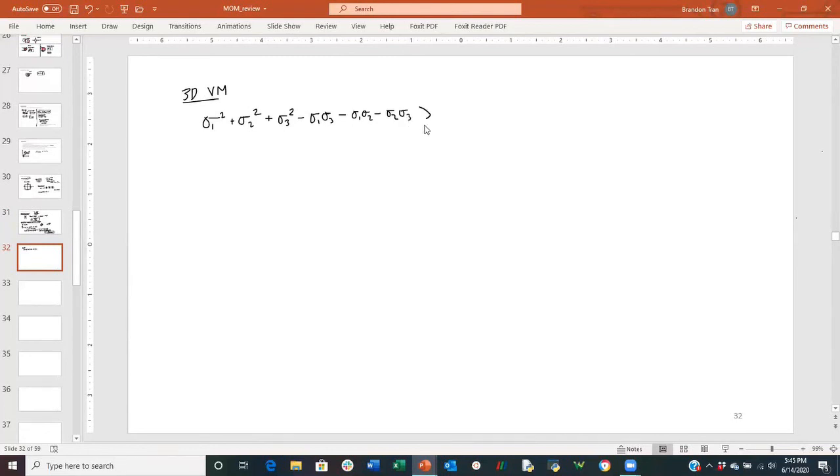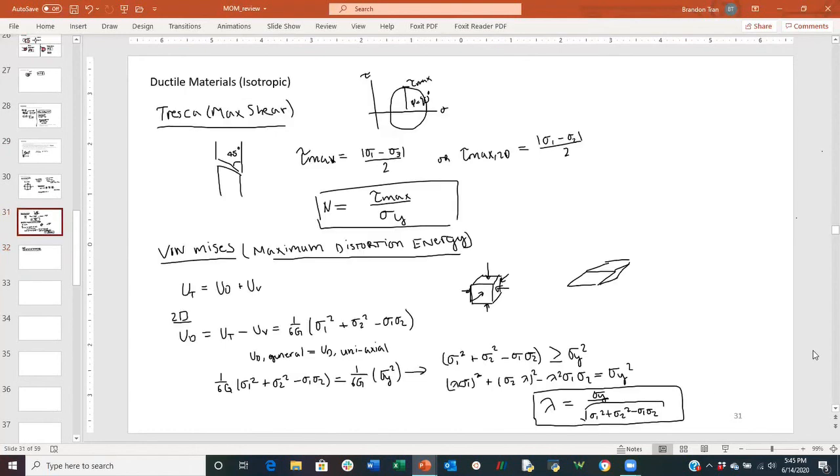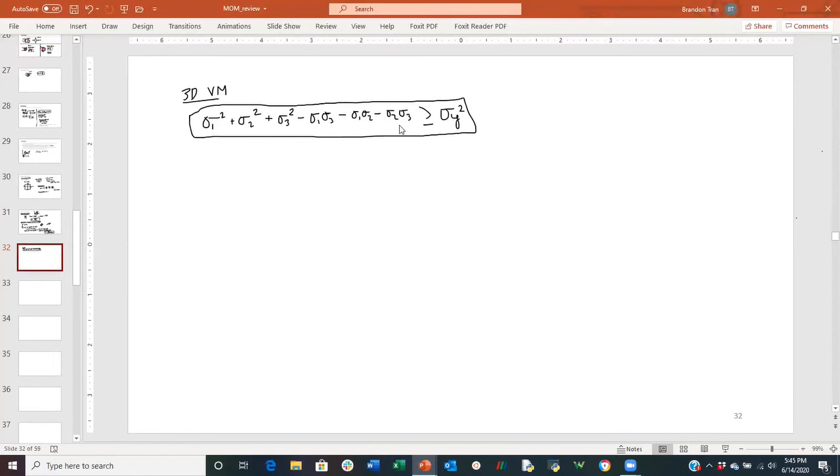This again must be greater than or equal to sigma yield squared, for the same exact reasons. If you follow the same procedure, you'll get lambda equaling sigma yield in the numerator, divided by the square root of everything on the left-hand side.